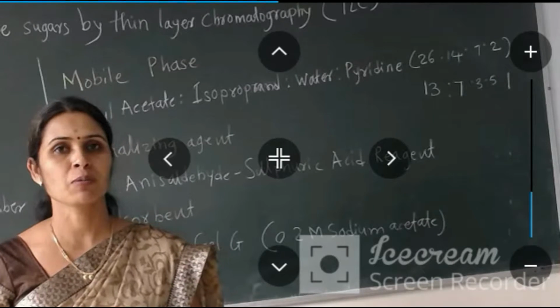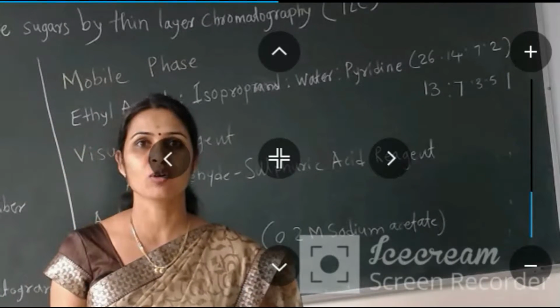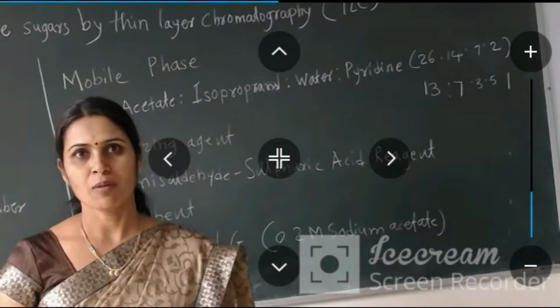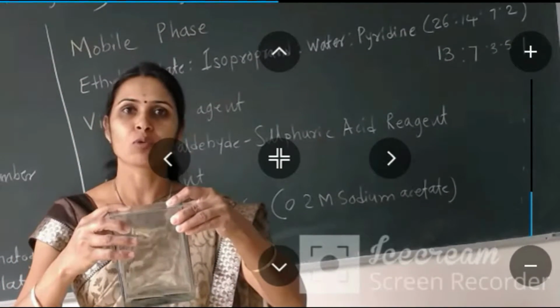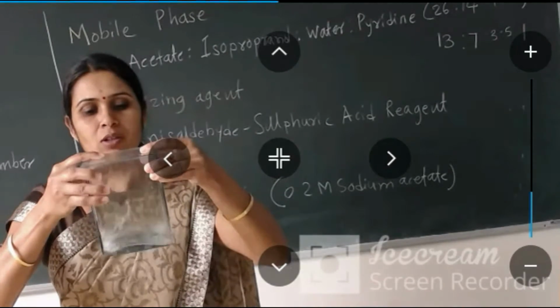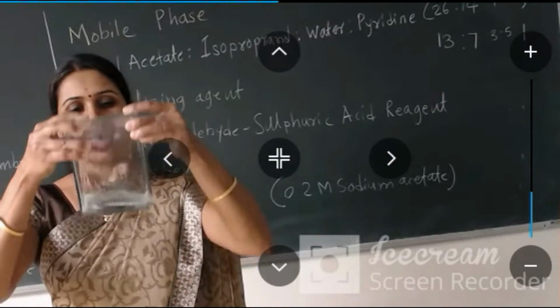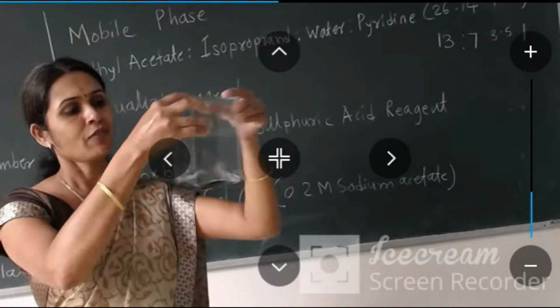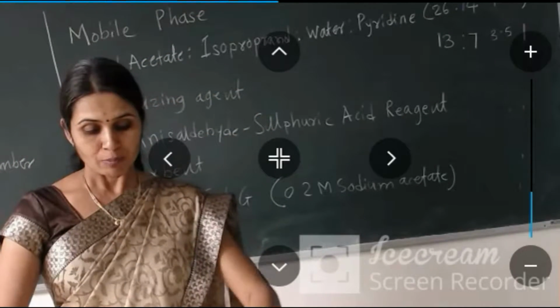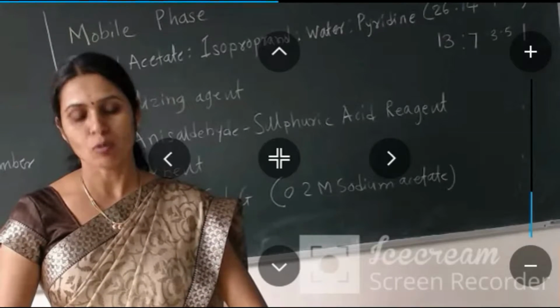You are not supposed to change the sequence of addition of solvents into the chamber. Once I have added all the solvents in their proper proportion, I will mix it well and check whether 2 layers of the mobile phase are formed. If not, it is expected that it should be a single layer mobile phase.